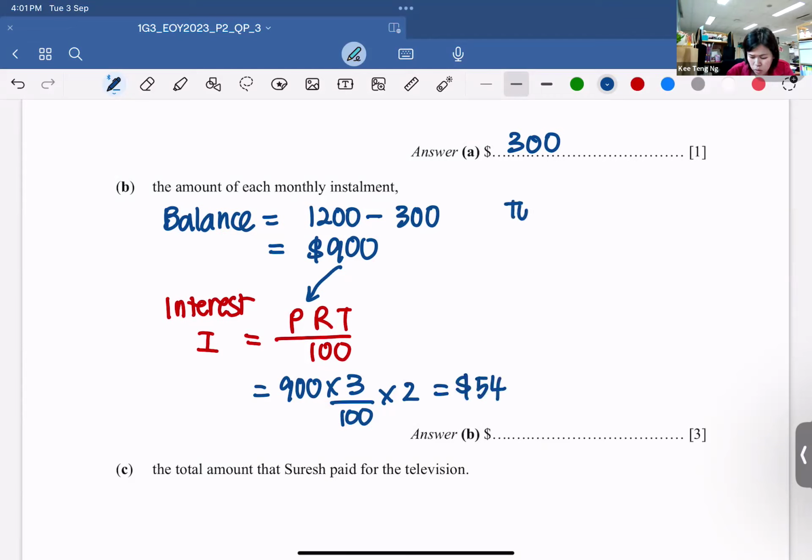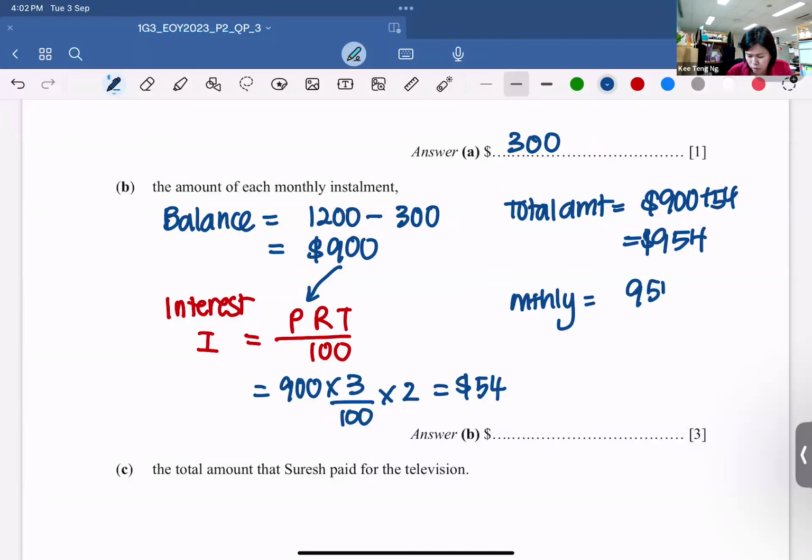Then I find the total amount: 900 plus 54, which gives you 954. And I want the monthly installment, so I divide by 24 months. Answer, in 2 decimal places for money: $39.75.